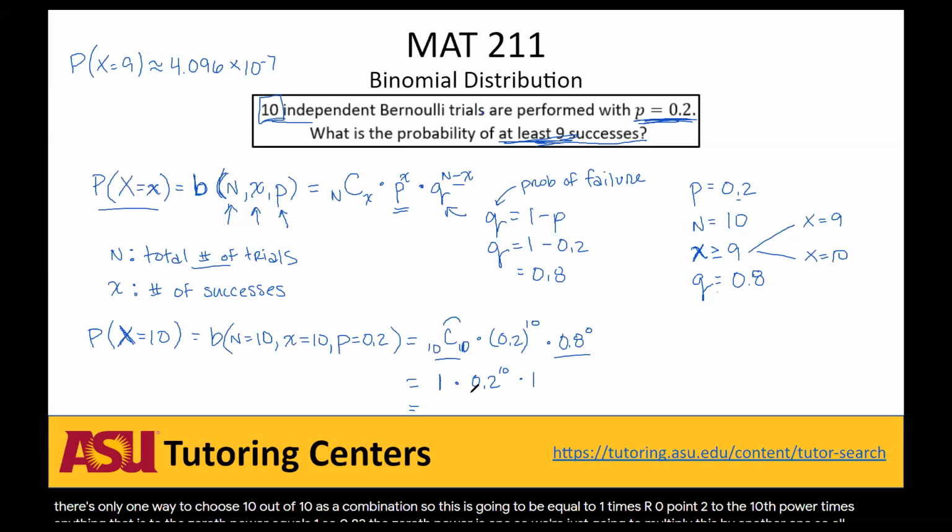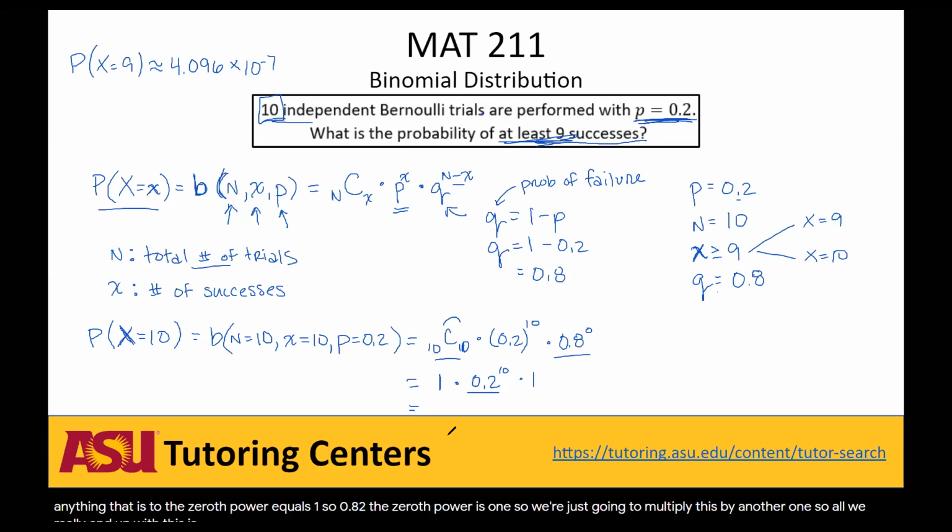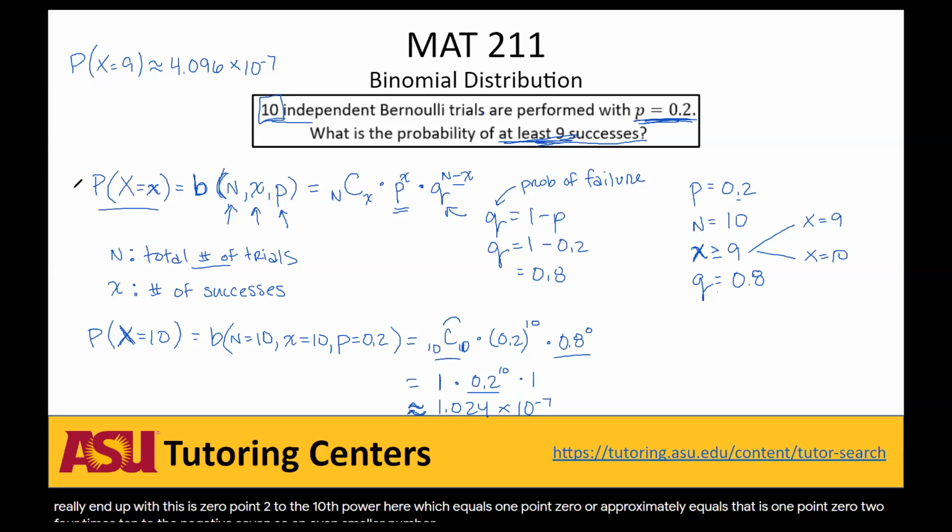So all we really end up with is this 0.2 to the 10th power here, which approximately equals 1.024 times 10 to the negative 7. So an even smaller number. So let's write that up in the corner here real quick. 1.024 times 10 to the negative 7.